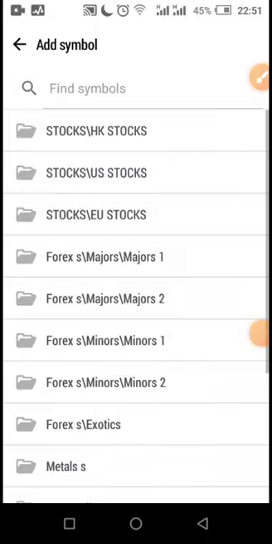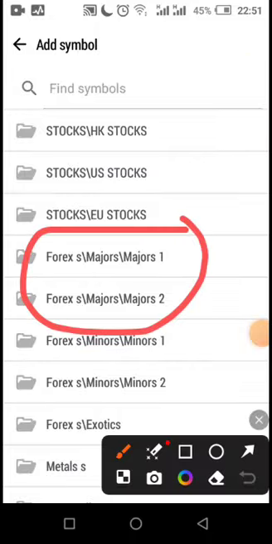Now, the major currency pairs are the most traded currencies, which have a lot more liquidity and volume, meaning that there is more ease for you to open and close your trades, even if you are trading very large amounts of money. And they also have the advantage of cheaper trading costs.